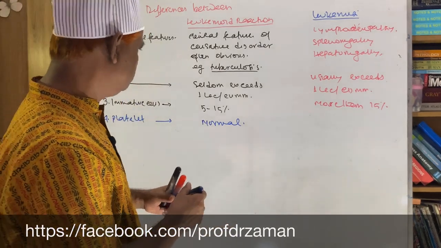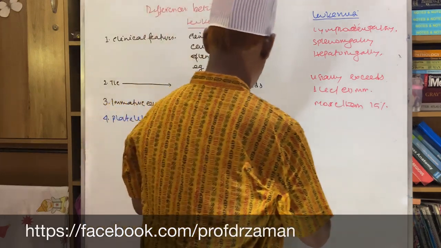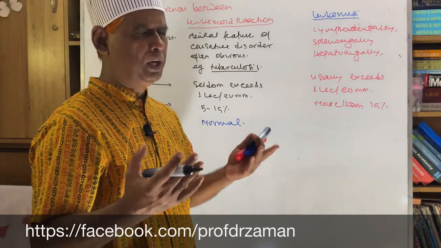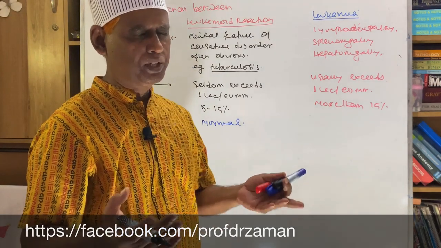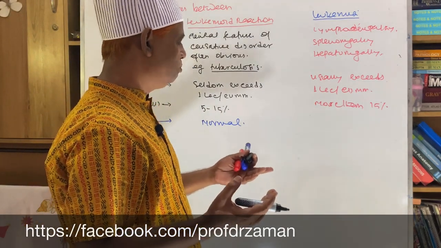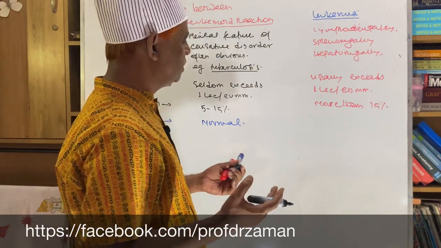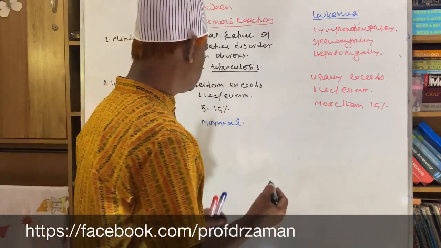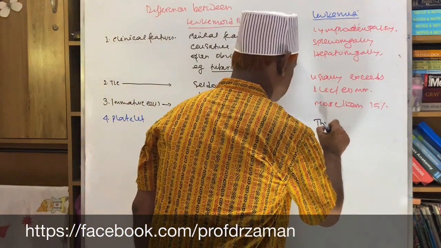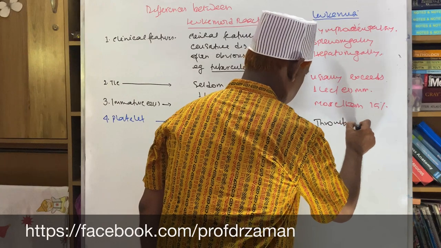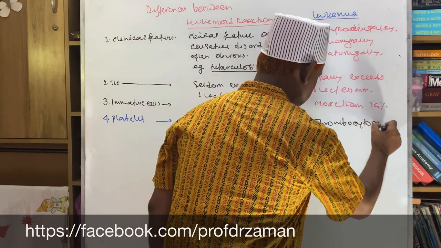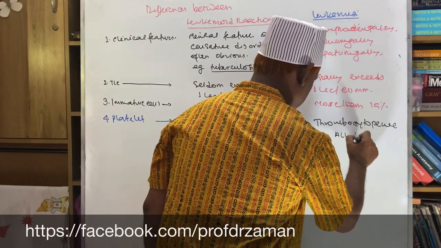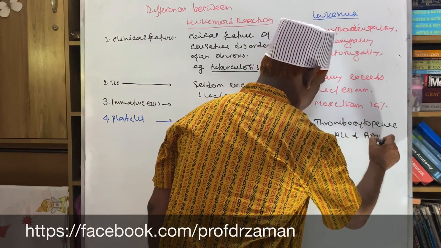But in case of leukemia, in acute myeloblastic leukemia and in acute lymphoblastic leukemia, there will be thrombocytopenia. But in case of chronic myeloid leukemia, the platelet count is normal. So, thrombocytopenia in acute lymphoblastic leukemia and in acute myeloblastic leukemia.